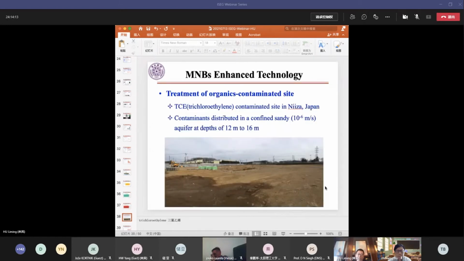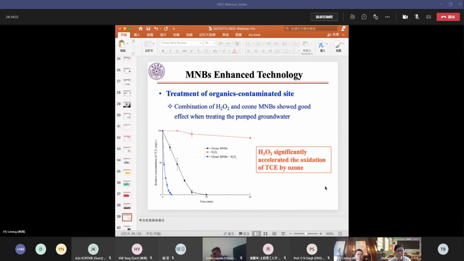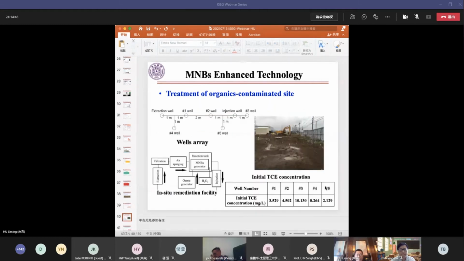Also, we used it at a site in Japan. It's a TCE contaminated aquifer at a depth of 12 meters to 16 meters. We used H2O2 combined with ozone nanobubbles to treat the groundwater, and this is the well area for the site.